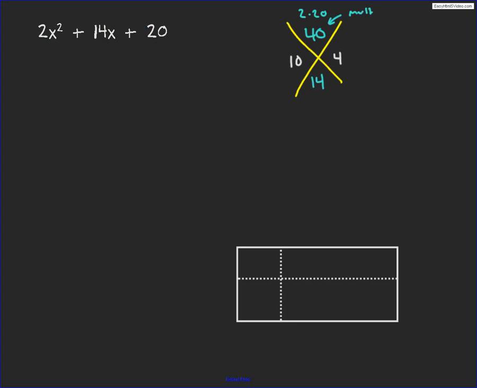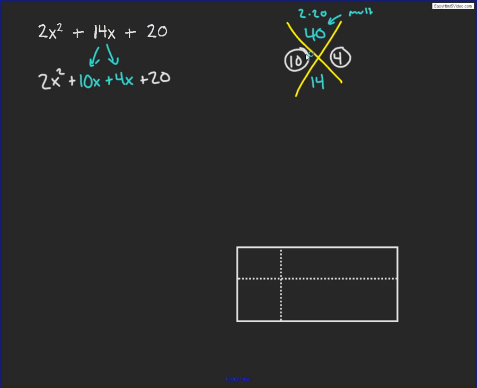The goal of that x factor was to get us these 2 values, which are going to tell us what to split that 14 up into. There's lots of things that add to 14, but only 10 and 4 are going to help us unlock this puzzle. So I'm going to go ahead and put 10x here plus 4x. And the order doesn't really matter. So 2x squared and then 20 on the end.